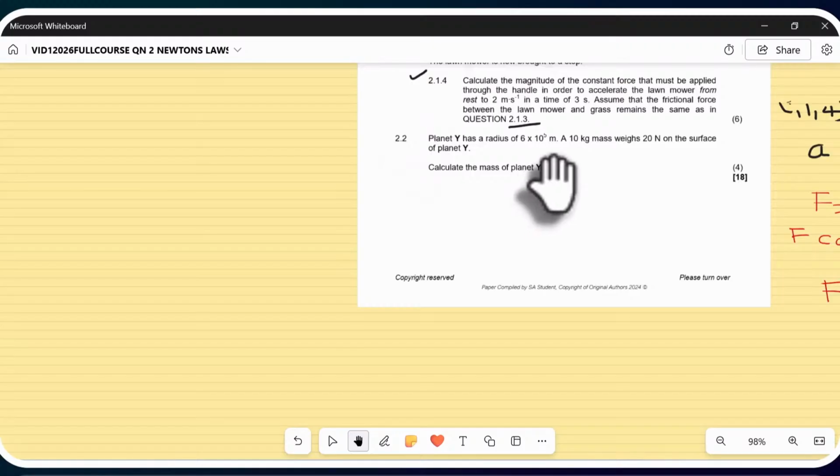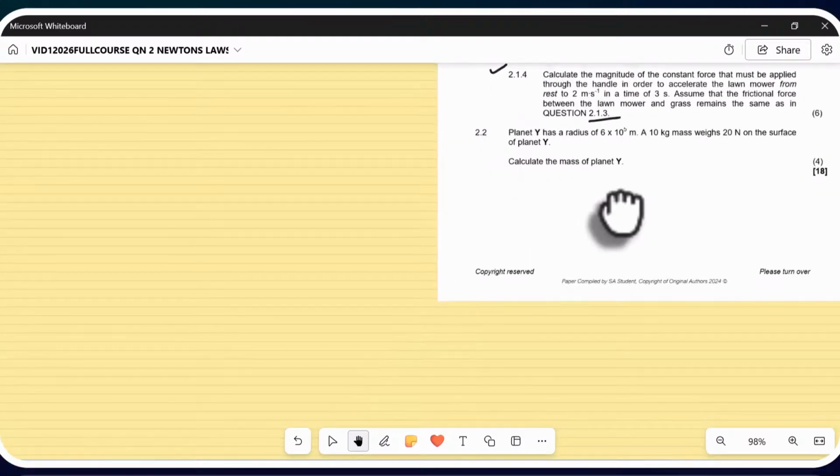They say the 10 kilograms, so 10 times G prime, okay? So in this case, my gravity on that planet G prime equals to 20 divided by 10, which gives us 2 meters per second squared, okay?